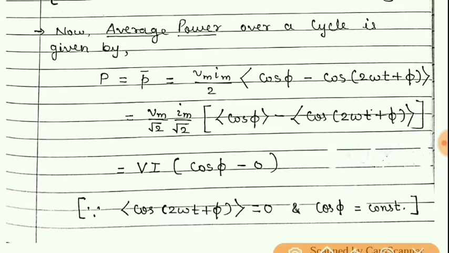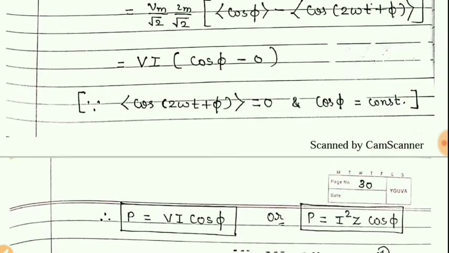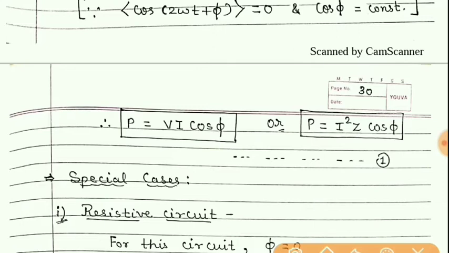So here this average will be 0, and so we have put here 0. So now what is remained? Vi cos phi. So average power P is equal to Vi cos phi, or this can be written as P is equal to I square Z cos phi.